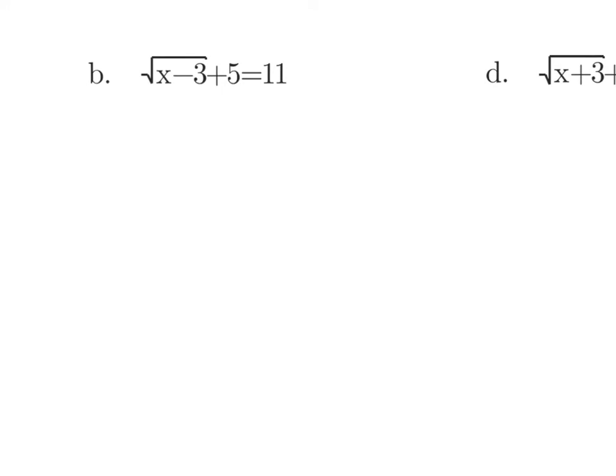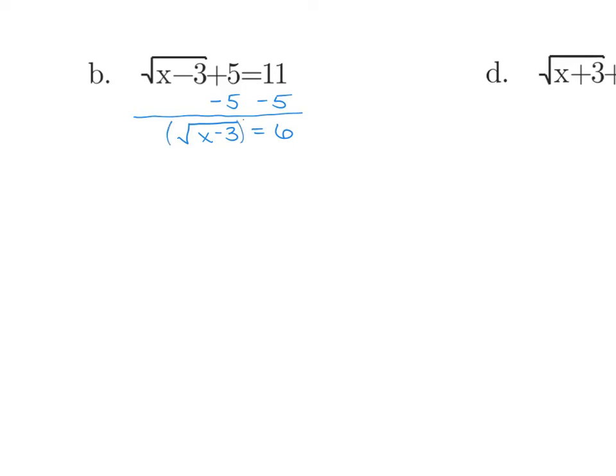Example B, we have the square root of x minus 3 plus 5 equals 11. So the first thing we want to do is isolate the radical. We want to get rid of the plus 5 on the outside. I can subtract 5 from both sides, and we get the square root of x minus 3 equals 6.